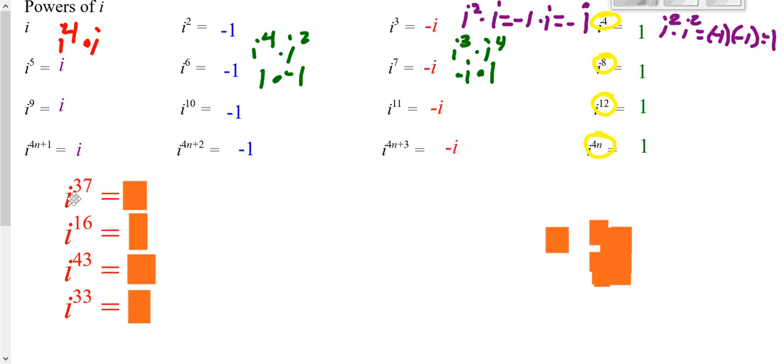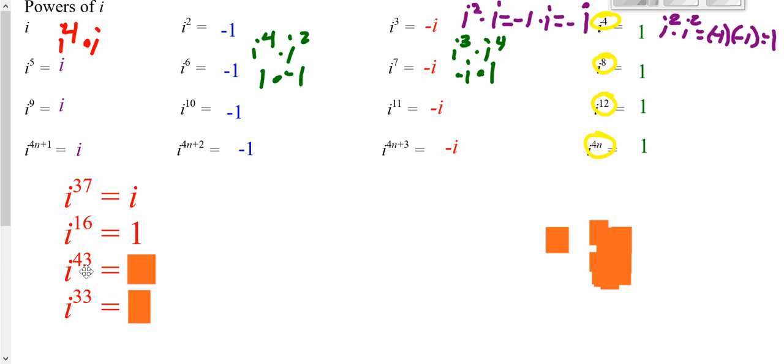So when we're working something like i to the 37th out, you got to ask yourself, is 37 a multiple of 4? And you're like, no, but 36 is, and 37 is 1 more than that. 1 more than a multiple of 4 is just a normal i. Then you look at this one. You ask yourself, is 16 a multiple of 4? Yes! And anything that's a multiple of 4 is a 1.